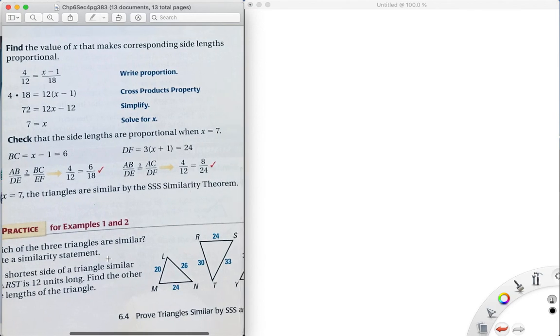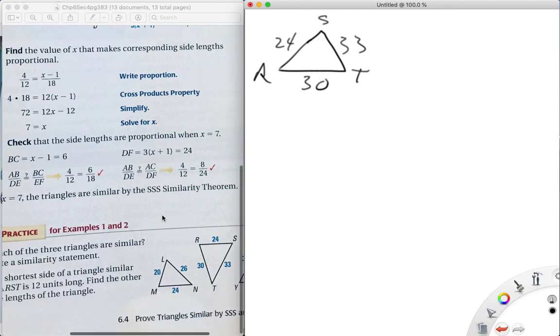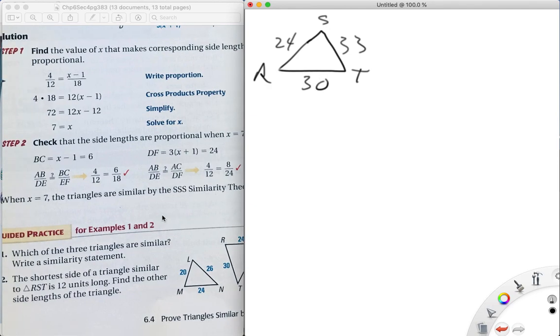Alright, we have triangle RST from the previous action. So from R to S is 24, S to T is 33, and R to T is 30.